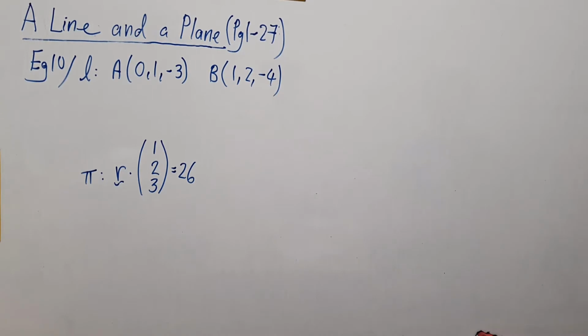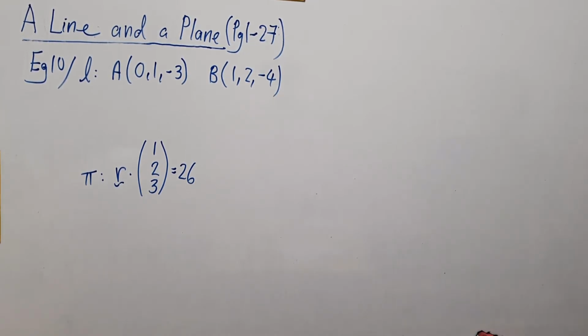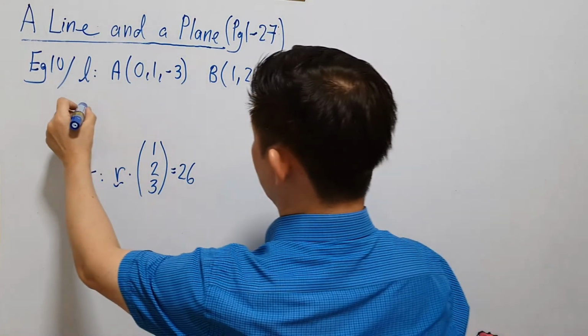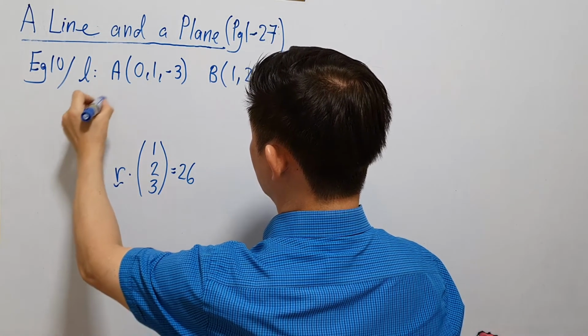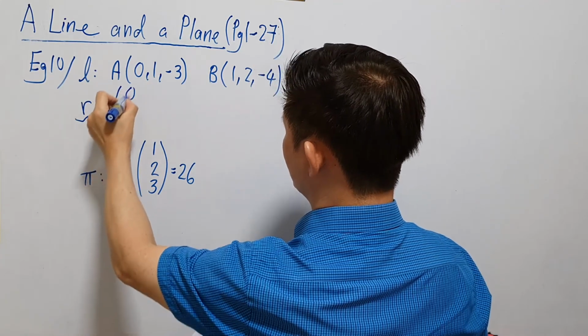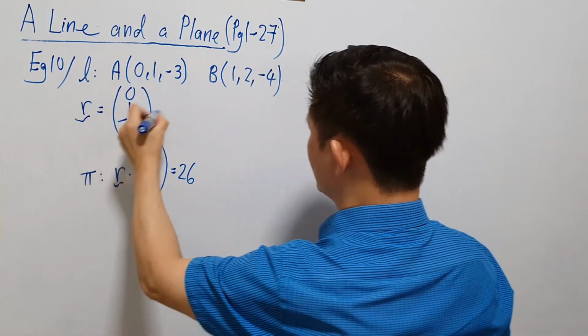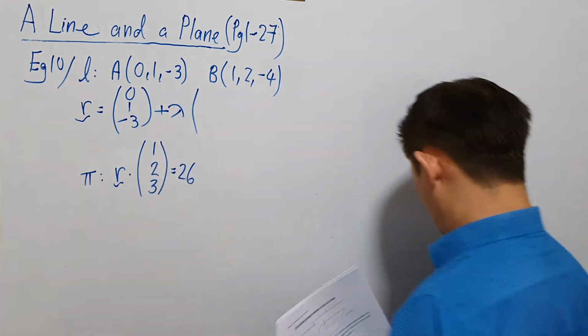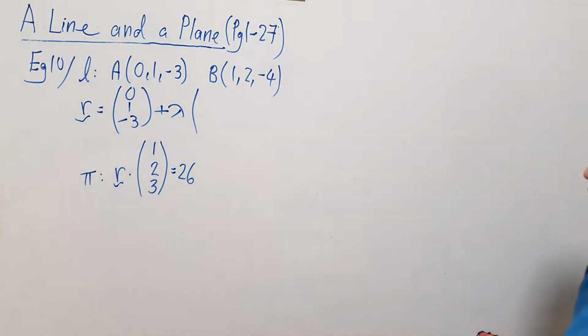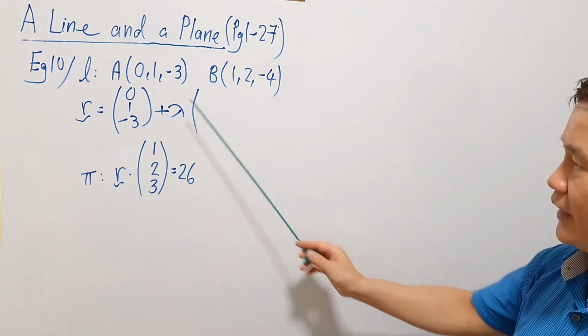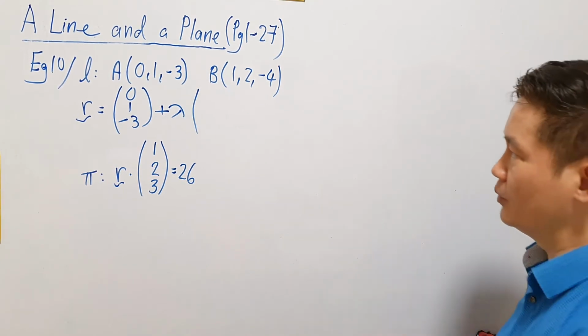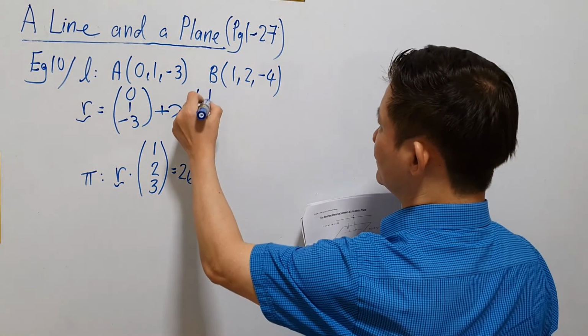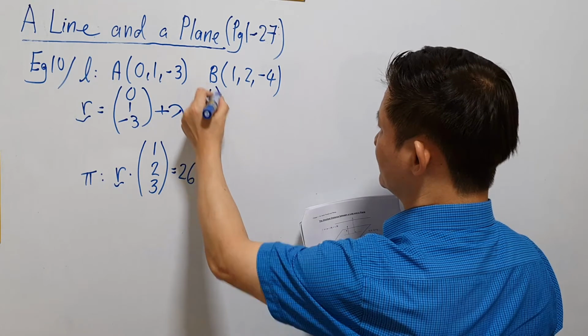Now we are on page 127. Example 10. You are given a line L that passes through 2 points. So I can immediately write down the equation of line L is (0, 1, -3) plus lambda of, to find the equation of a line, you need two things, right? This second vector is typically the vector AB. So I take OB minus OA, I get (1, 1, -1).